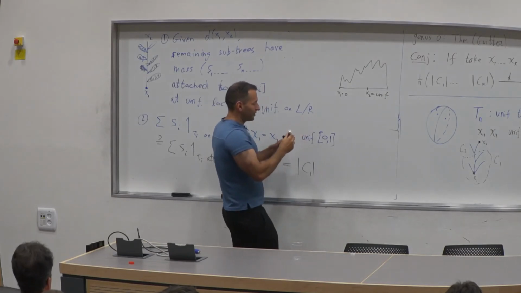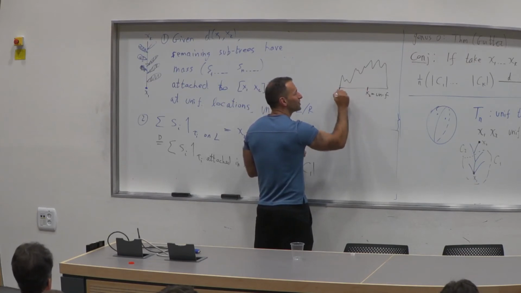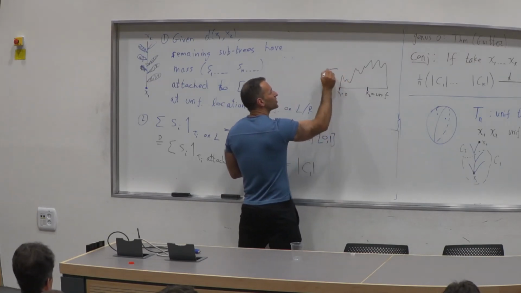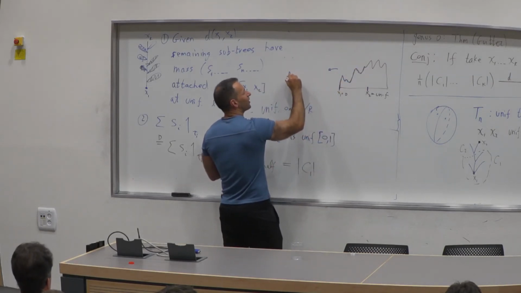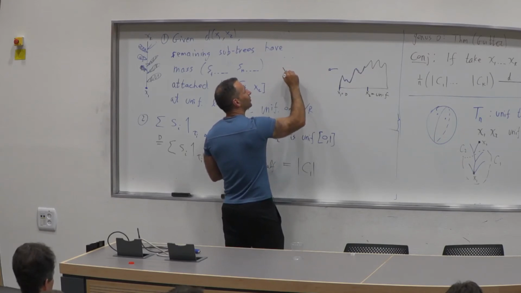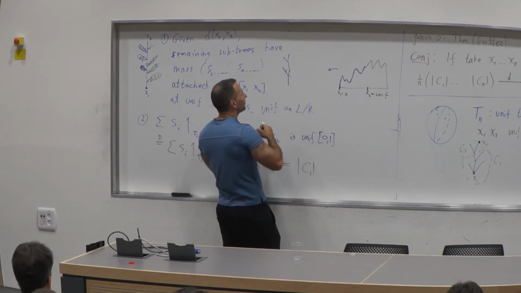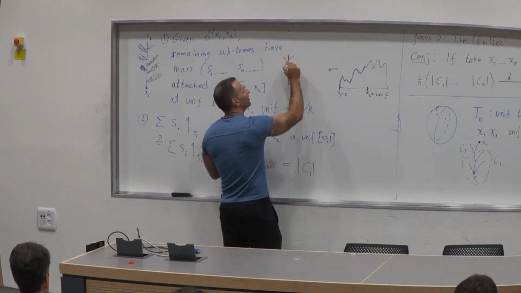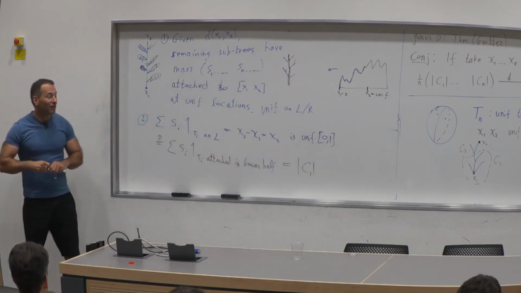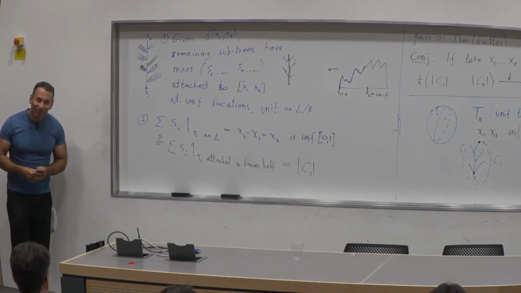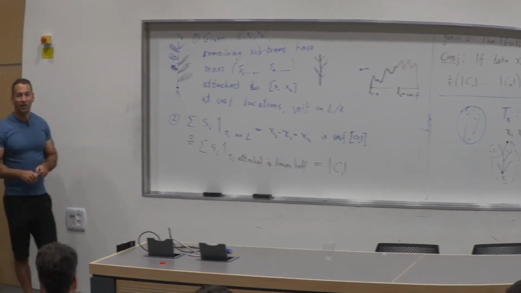So the interval from 0 to x2 corresponds to just the left part of the tree, and then you have the rest, which corresponds to the blue. So by construction, it's uniform. So that's the proof when you have k equals 2 points in the tree.